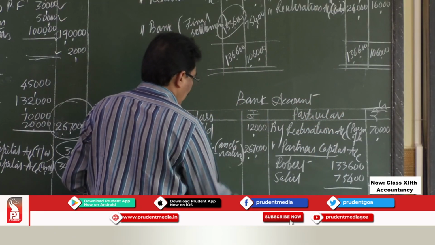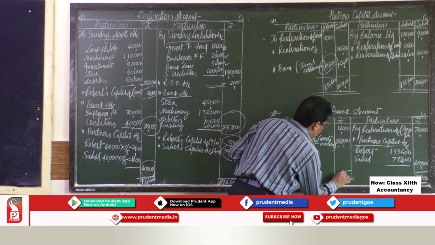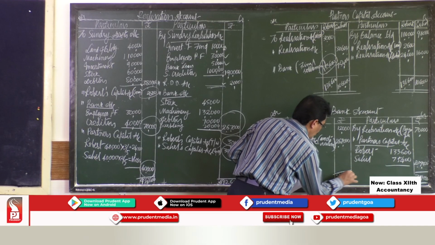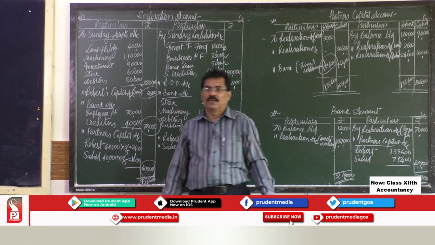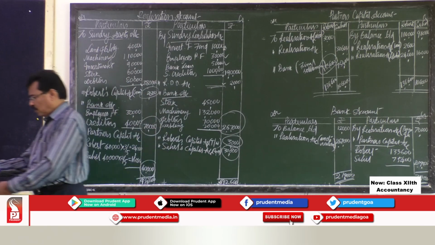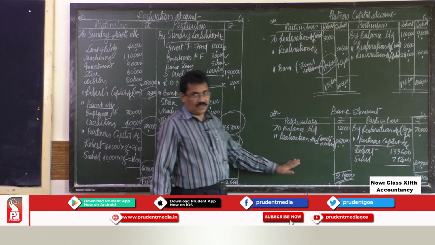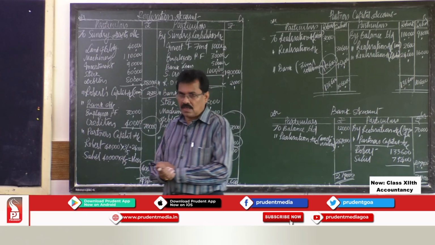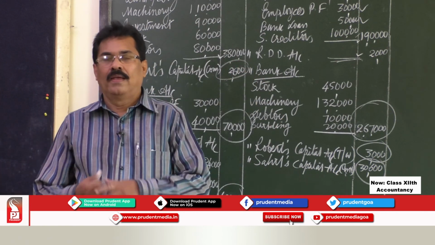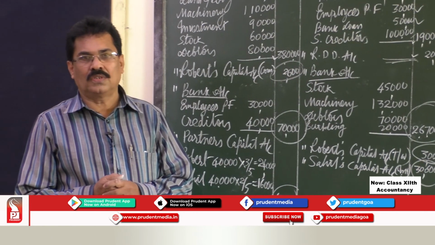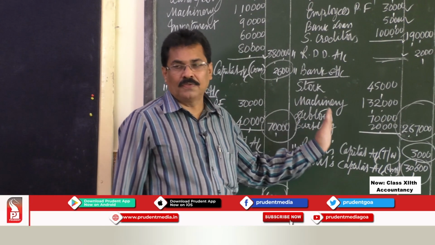So we had cash balance also, received is also 2,79,000. So the receipt of cash is equal to the payment of cash. So the bank account tallies, which means all the books of accounts are closed. So this is how you have to settle the books of accounts on dissolution of a partnership firm.